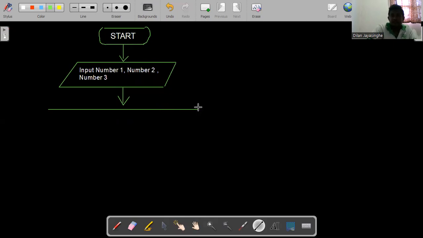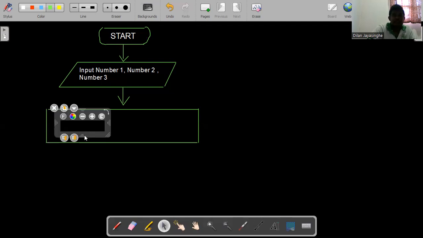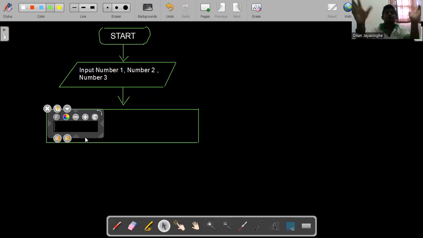So, by a rectangle symbol, we represent some sort of process. So, what is the process to be here? Find the total.